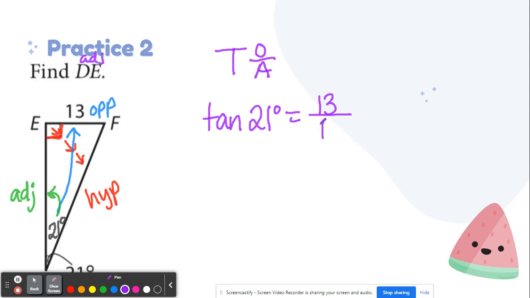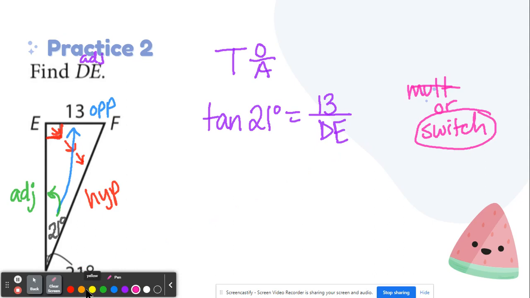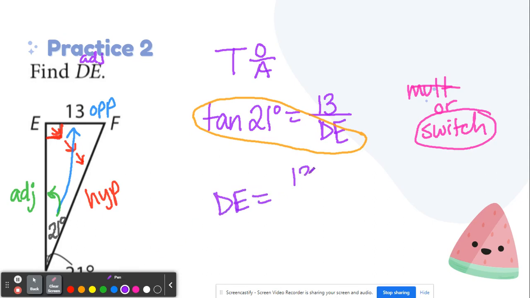So I'm just going to put DE. Then in class, I would ask you, do we multiply or switch? If your unknown is on the bottom, the answer is switch. So you're going to switch these two, and you're going to get that DE is equal to 13 divided by tangent 21.